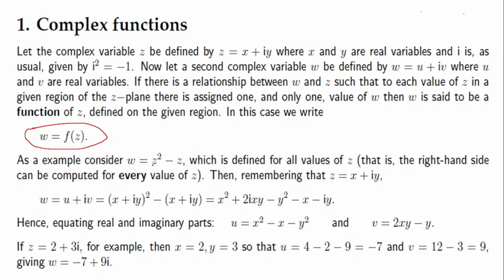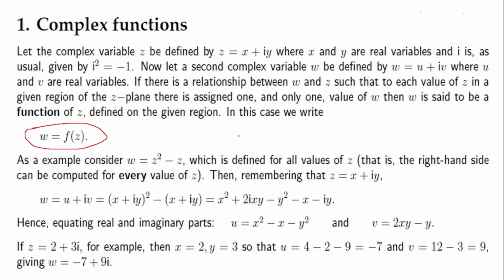If you like to put -1, it is going to give you a number. Everything will give you a number. There's no way this function will be undefined. So we say it's defined for all values of Z. Therefore, what we have in the right hand side can be computed in the form of Z.